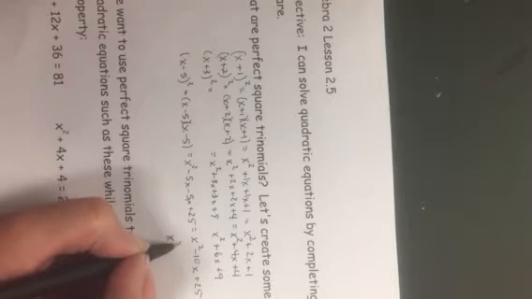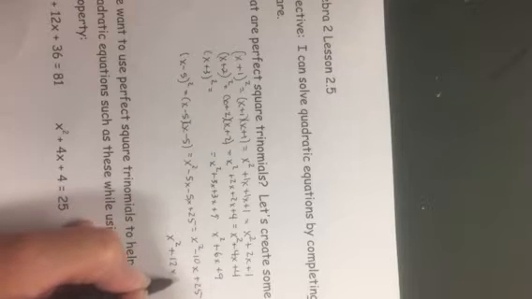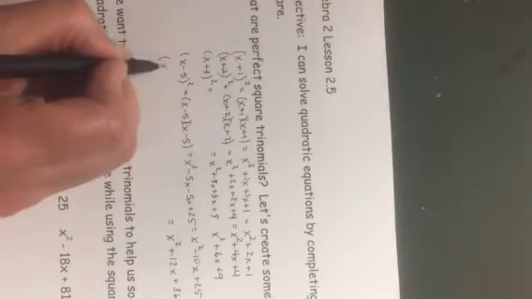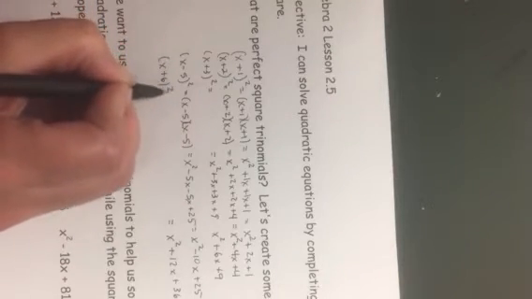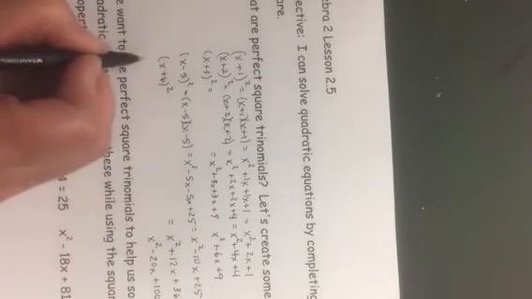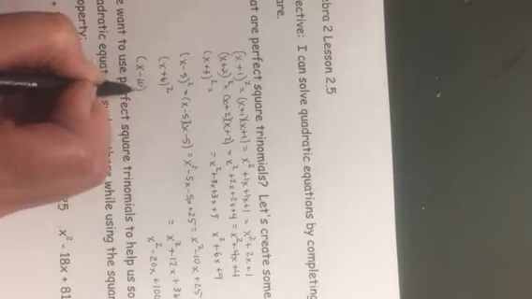So I should be able to take a perfect square trinomial and rewrite it as something squared. If it's a minus over here, then it's going to be a minus over here.